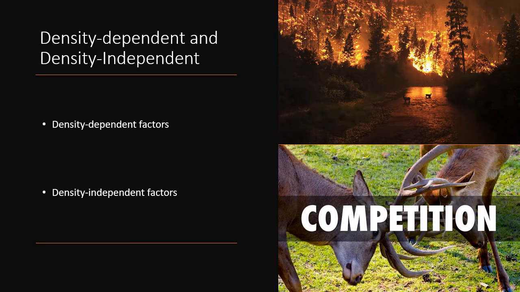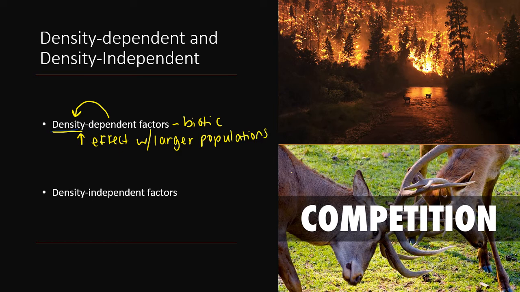All right, some density dependent and density independent limiting factors. So density dependent means that it relies on or exponentially affects the higher population density. So these are biotic, meaning they're living factors. Okay, they have an increasing effect with larger populations. So these are things like competition, right?